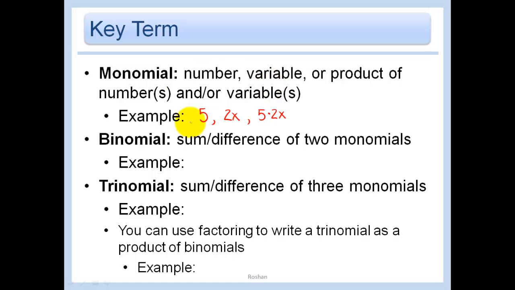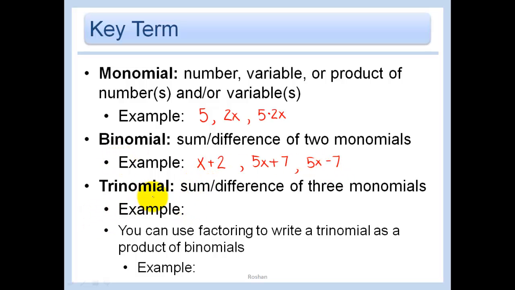So you probably didn't understand what I just said, but if I tell you a binomial is something like x plus 2 or 5x plus 7, that is just the sum or the difference of two monomials. So 5x is a monomial, 7 is a monomial, and the sum or difference of them is a binomial.